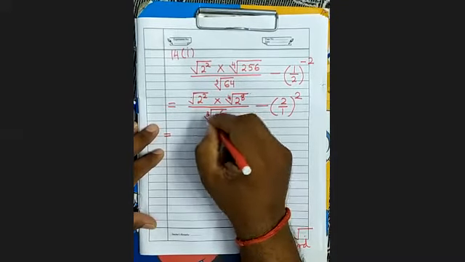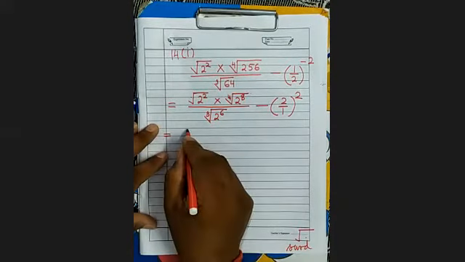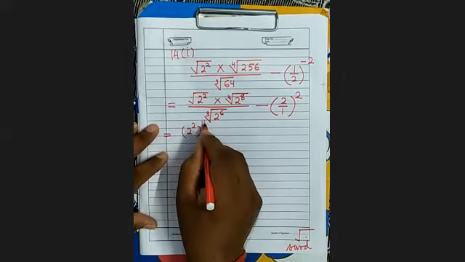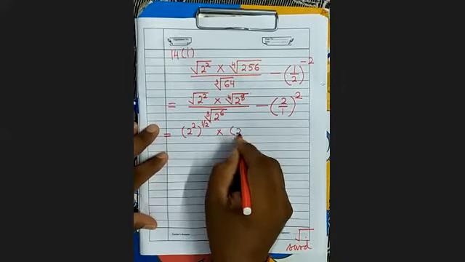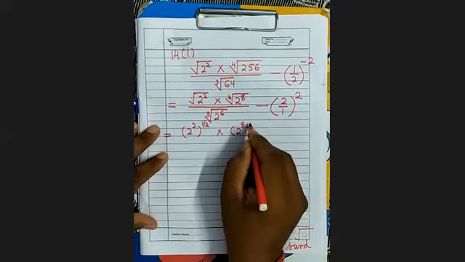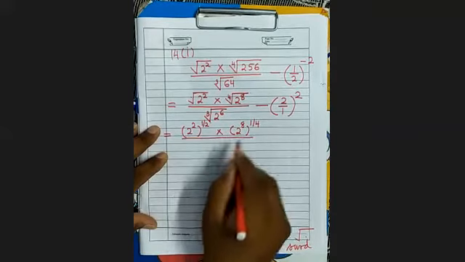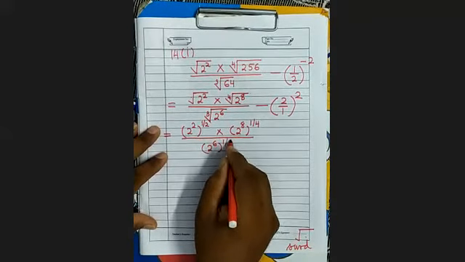This is surd of third order. So when you will remove the sign of this surd, 2 square whole to the power 1 by 2 into 2 to the power 8 whole to the power 1 by 4 and 2 to the power 6 whole to the power 1 by 3.